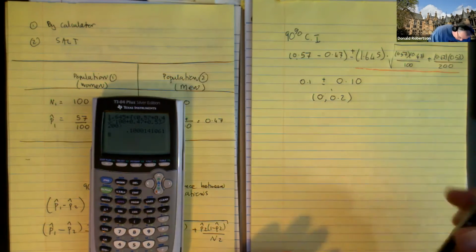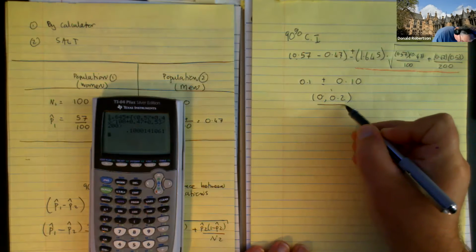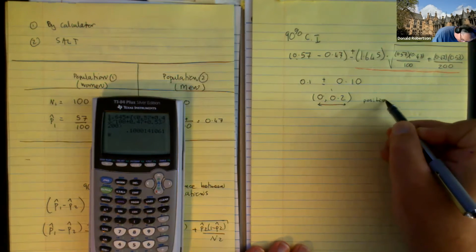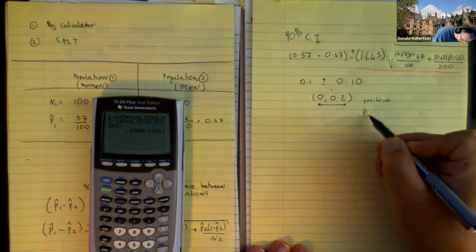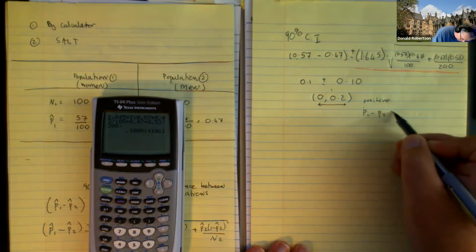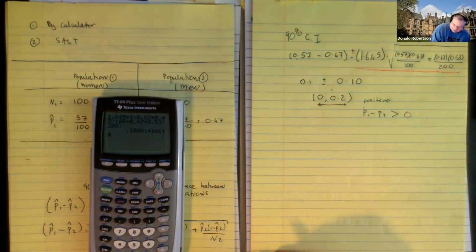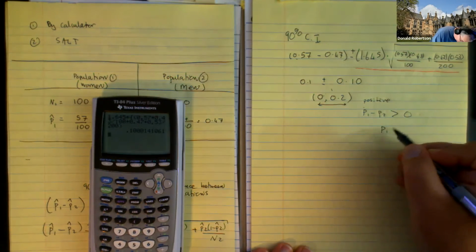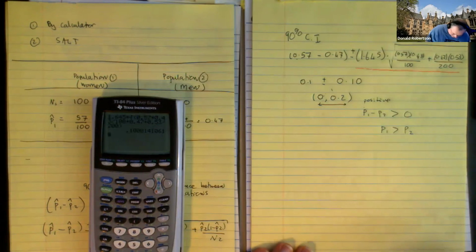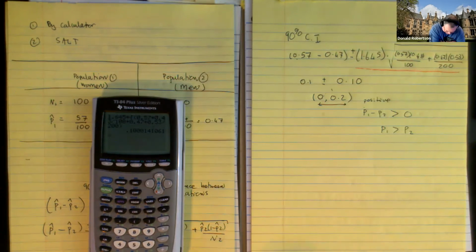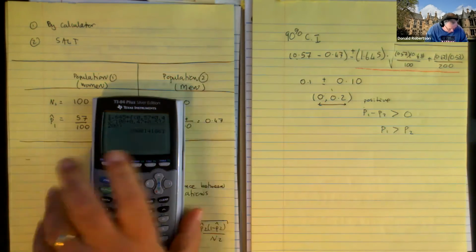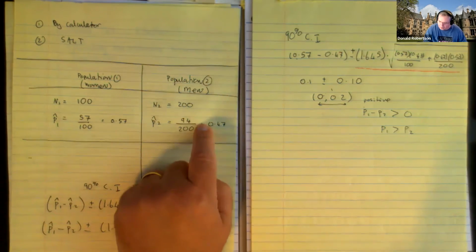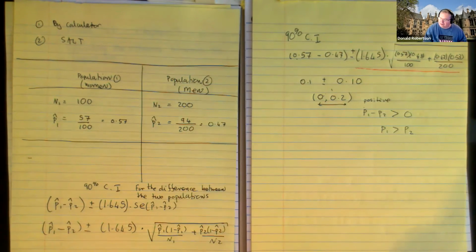Because what we can now say is that since all these numbers are positive, doesn't that mean that the difference between the two is positive? And if that's the case, doesn't that mean that I have just managed to prove that women like recreational shopping more than men on average?